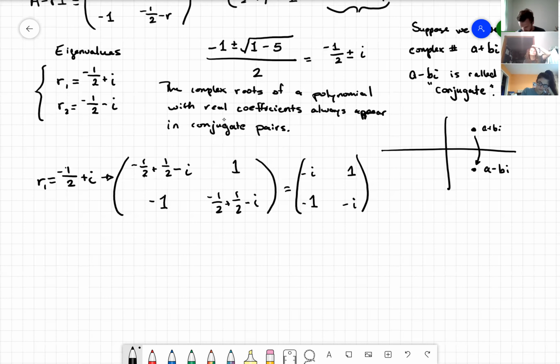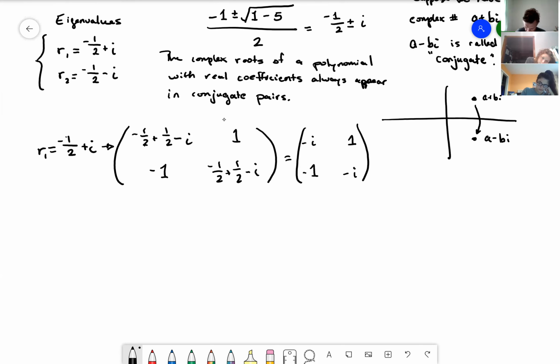And just like before, we can find the non-trivial vectors that we can multiply by this matrix to get the vector 0, 0. Nothing has changed in the process of what we're doing here. We're just using complex numbers instead of real numbers. Well, first of all, maybe I will take a second to say, we're expecting this matrix to not have linearly independent rows.